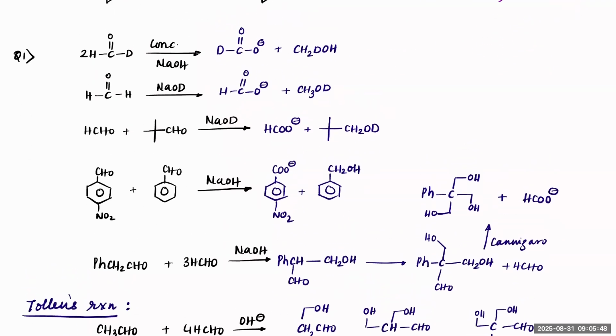Now see, in Cannizzaro, if hydrogen and deuterium are both present, then you know that H minus is a better donor group. So H minus will go from here, from the first mole. So the leftover will be deuterium here. Therefore, this is one product. The other product, H is getting shifted, so this will become CH2DOH. Okay.